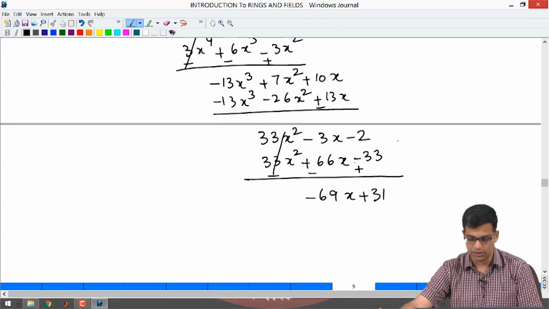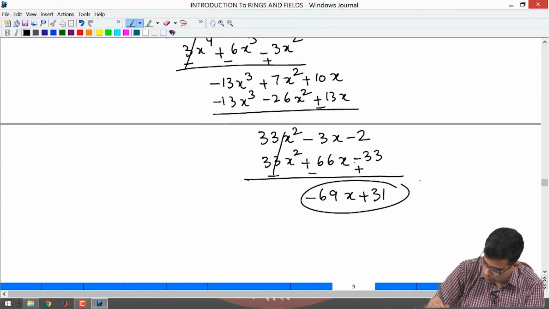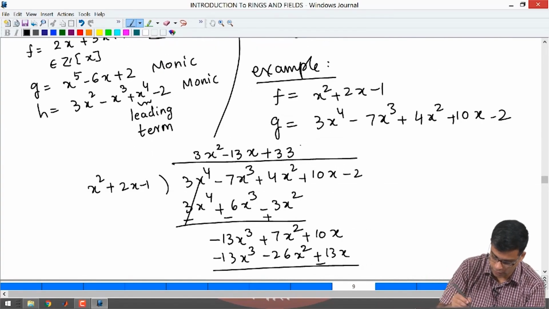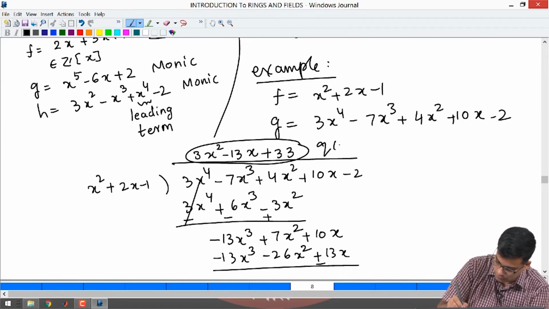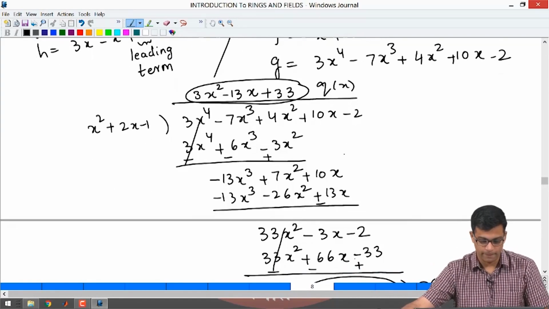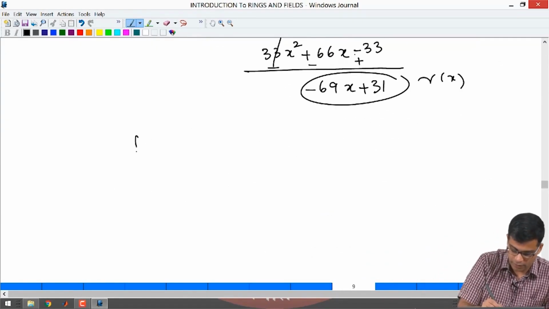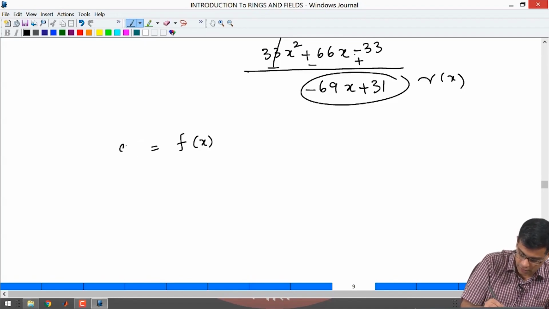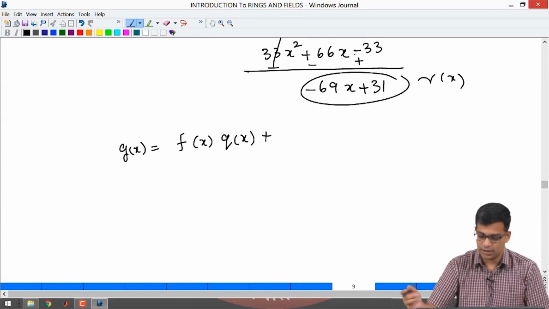So, that is all. This will be r(x) and this will be q(x). We have written the polynomial g(x) as f(x) times q(x) plus r(x). I am mainly interested in the remainder.